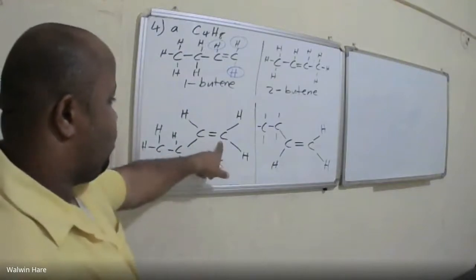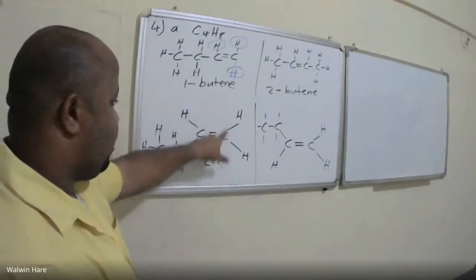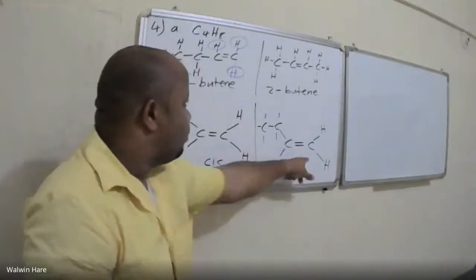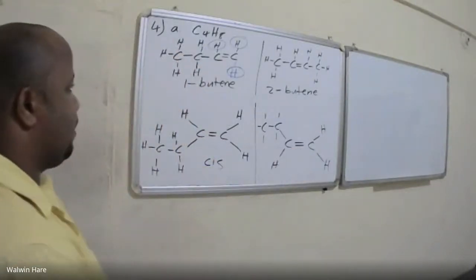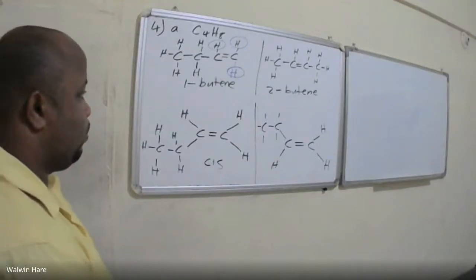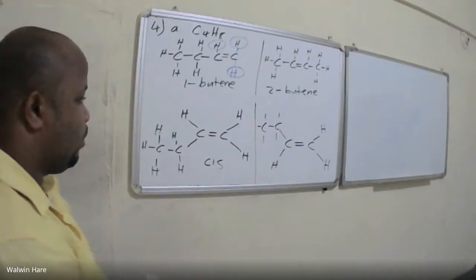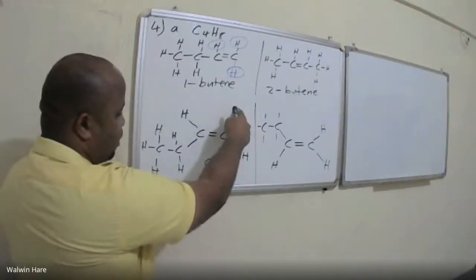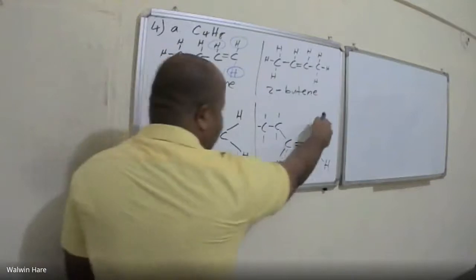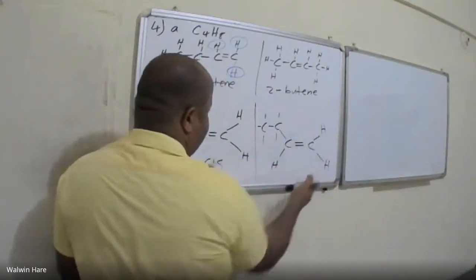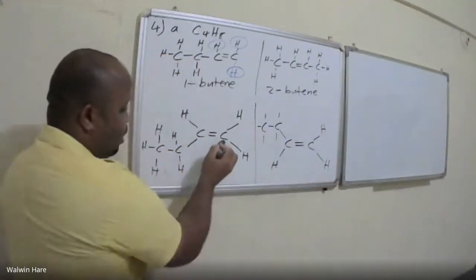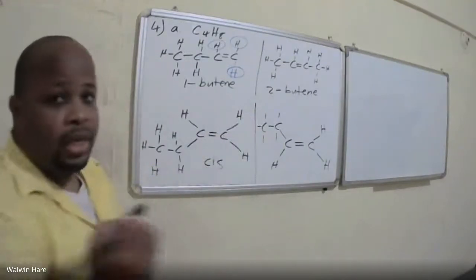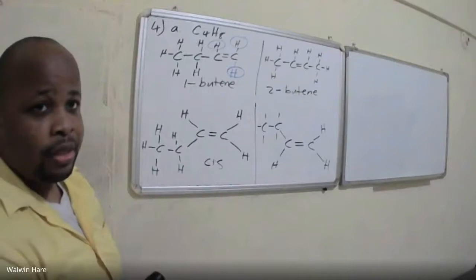Look at this carbon atom. Is there anything different on this carbon between these two? No. So looking at this carbon, H is here, H is here. So there's nothing different between them. So when one of the carbon atoms has the same group attached twice, it cannot give us cis or trans.